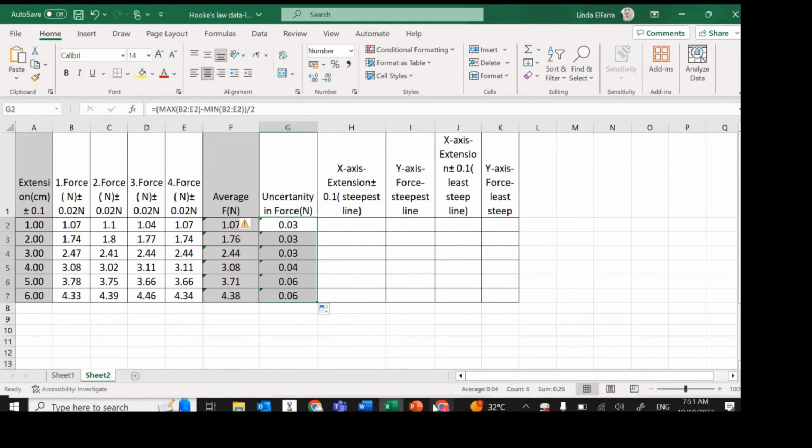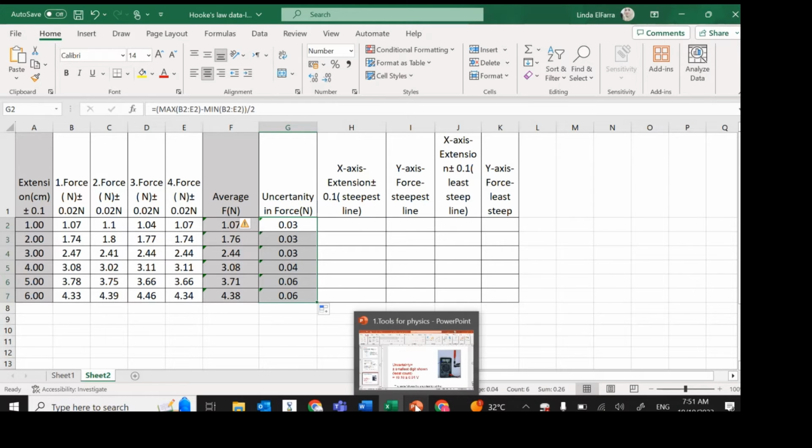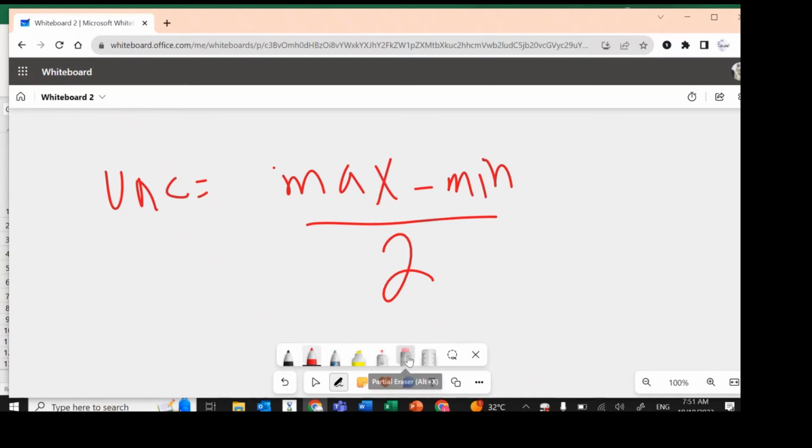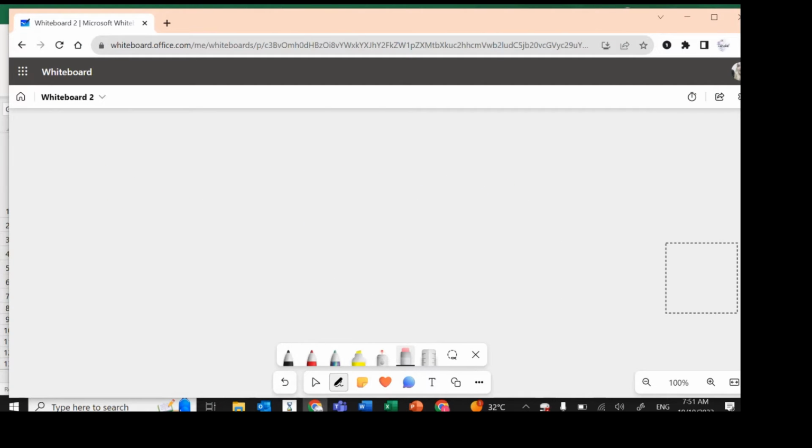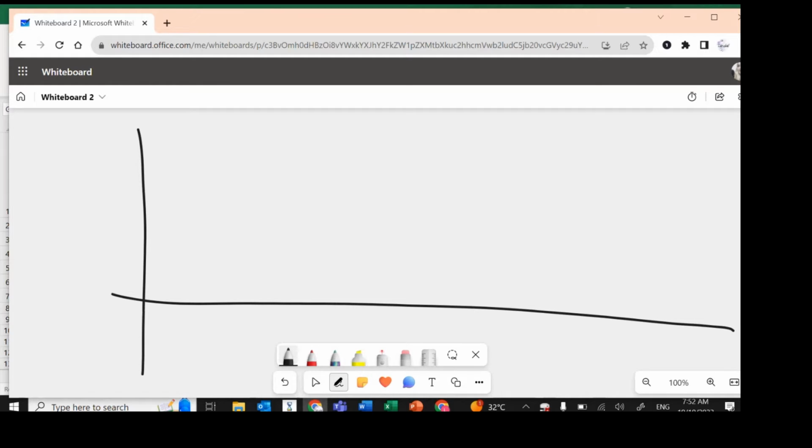Now, we need to draw the uncertainty. Now remember, to draw the error bars, as we learned in the class, I have X, which will represent our independent variable, and Y, which is the dependent variable.